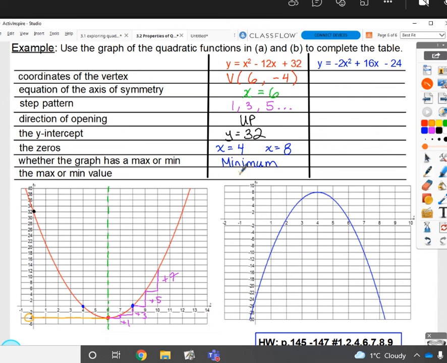Oh, interesting. Where else might we see -4? You see -4 anywhere else in this column here? Pardon me? It's the vertex's y value. Yeah, absolutely. So that vertex, that's what I mean.